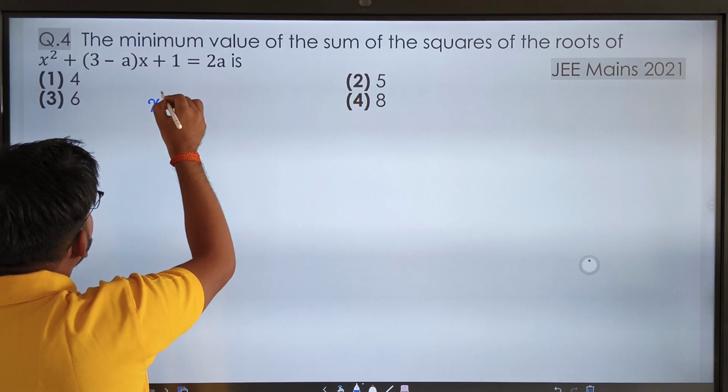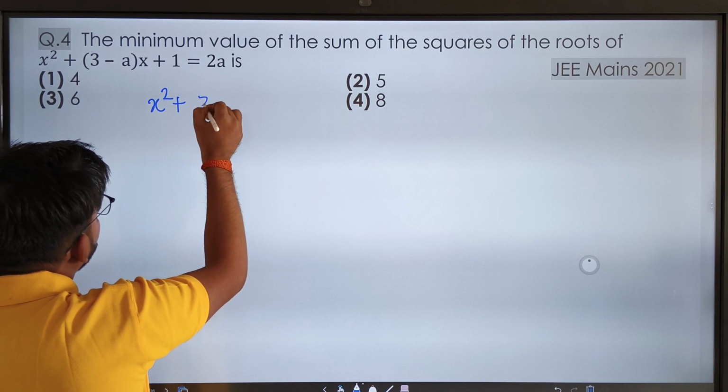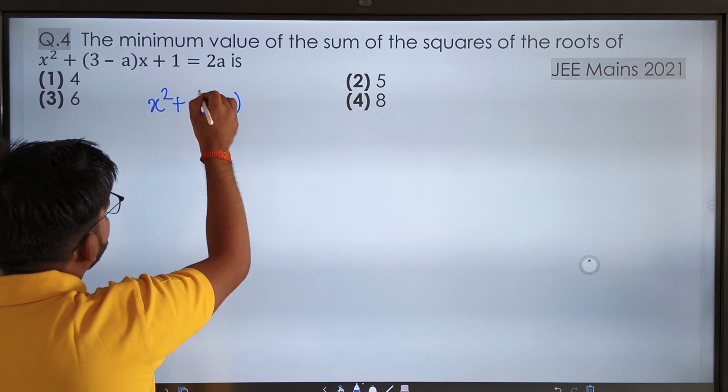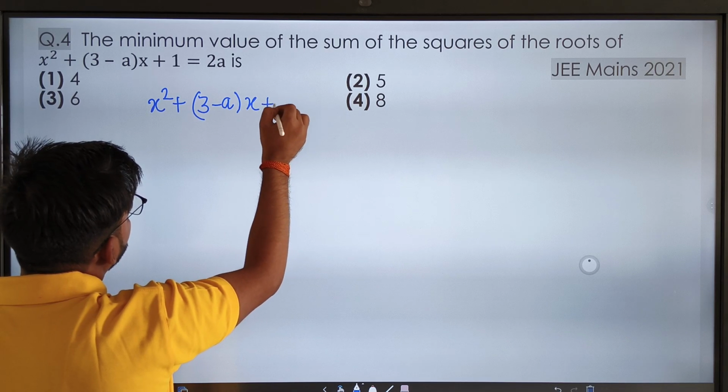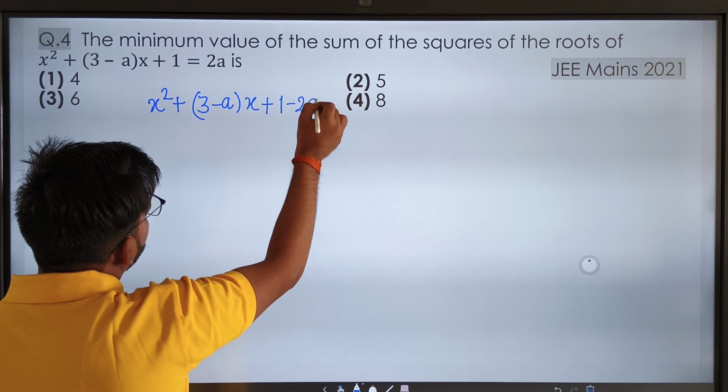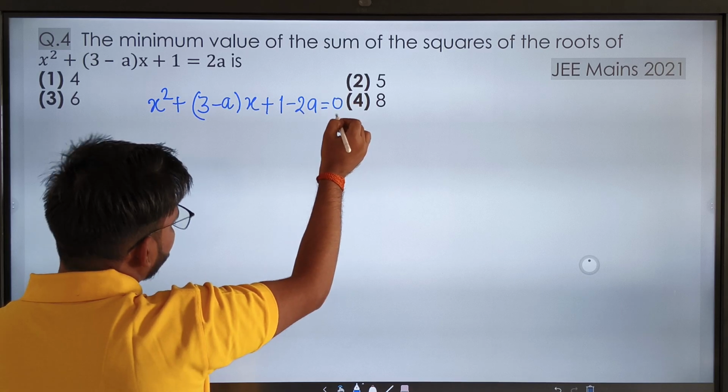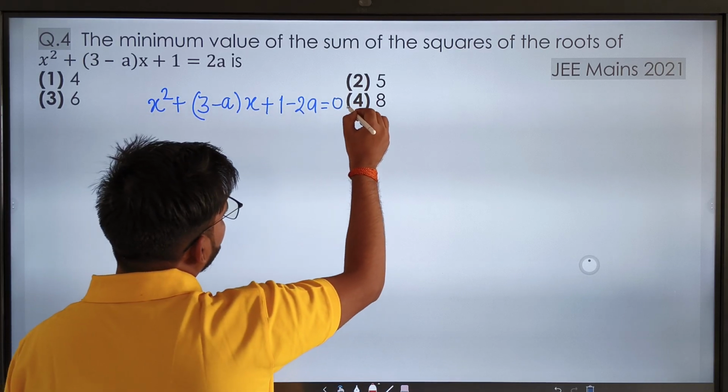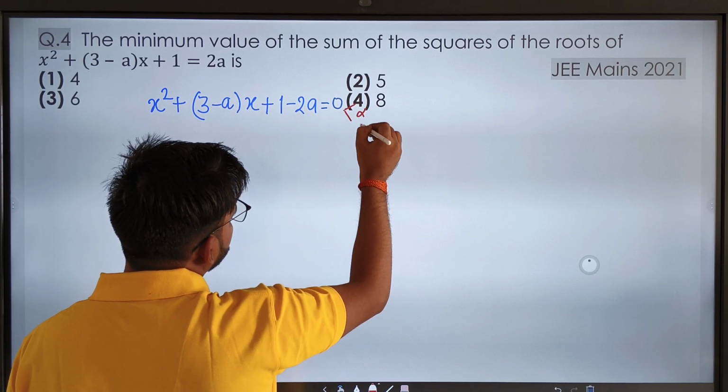That is going to be x square plus (3 minus a) times x plus (1 minus 2a) equals to 0. Now I will just assume its roots are going to be alpha and beta.